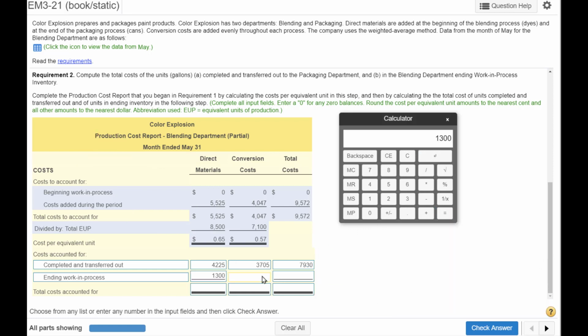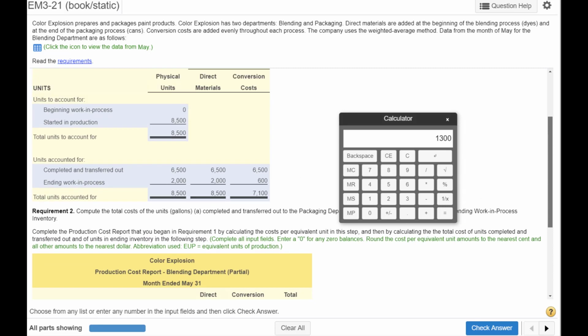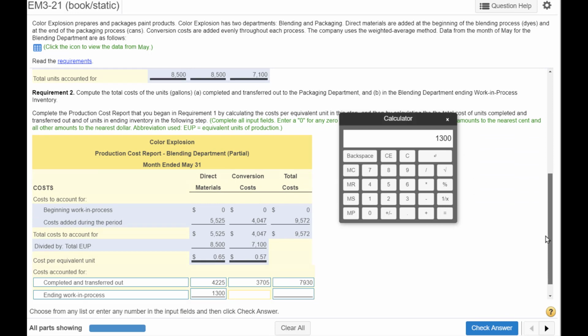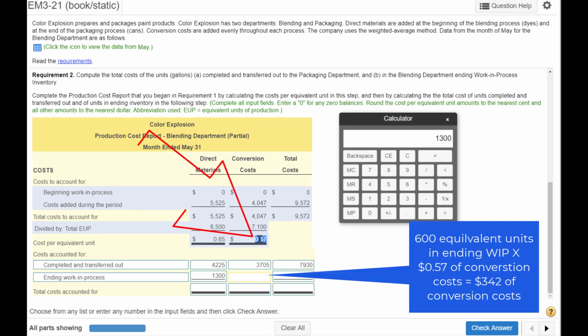And then here's one that people get tripped up on. For the conversion cost for the ending work in process, we're going to take 0.57, so 57 cents, times the equivalent units for the conversion costs. Here's the conversion cost equivalent units, 600. So we're going to take 600 equivalent units times 0.57. 600 times 0.57 is $342.